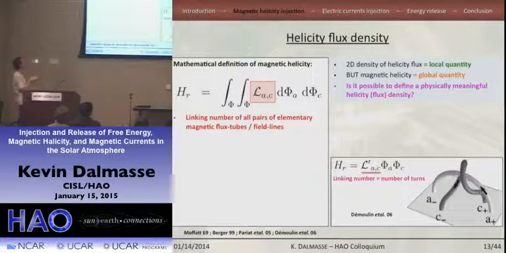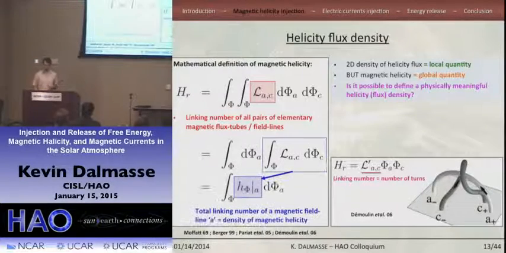So this equation is basically saying that helicity is the total linking number of all pairs of magnetic field lines in your configuration. So if you want to define a meaningful density of magnetic helicity, you need two things. First, it has to account for the notion of magnetic field lines, and two, it has to account for the notion of linking number of field lines.